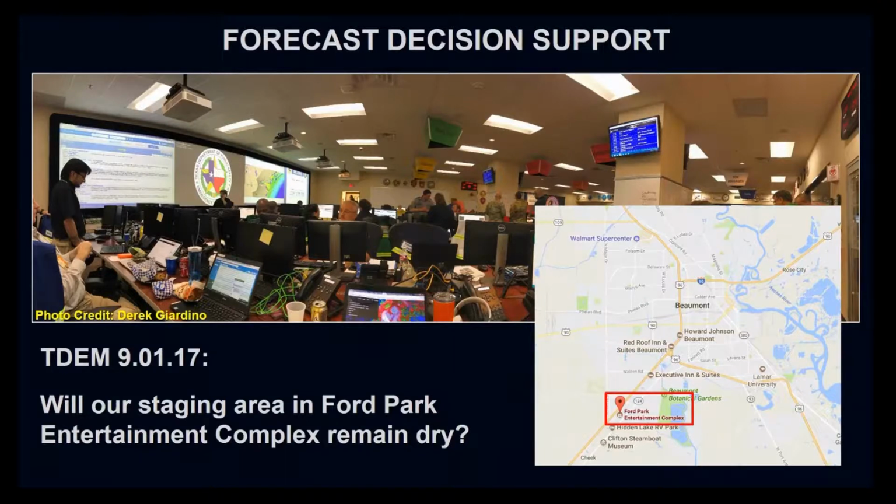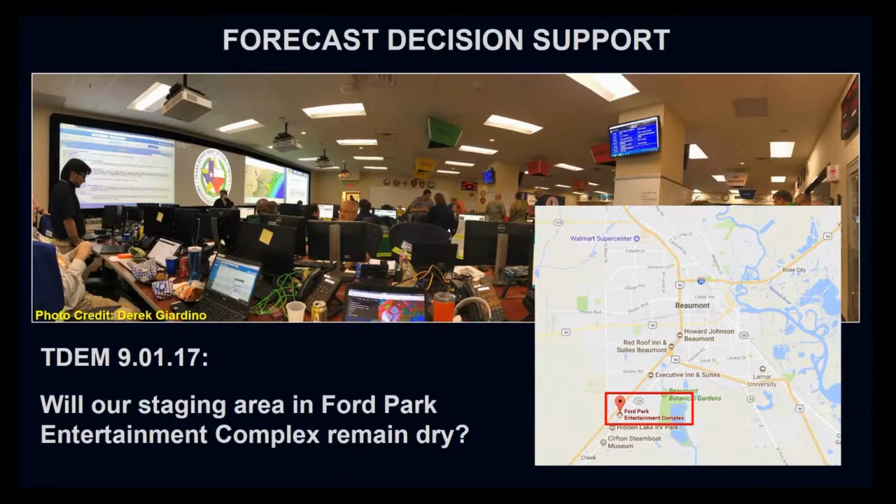All right, so let's get into the final demo here. And again, we're back in the Texas Department of Emergency Management operations area. They came through our DSS coordinator with a question on the 1st of September about a staging area that they had in Beaumont.